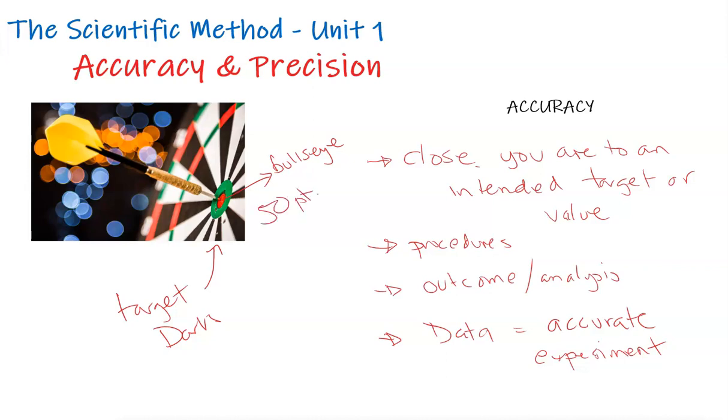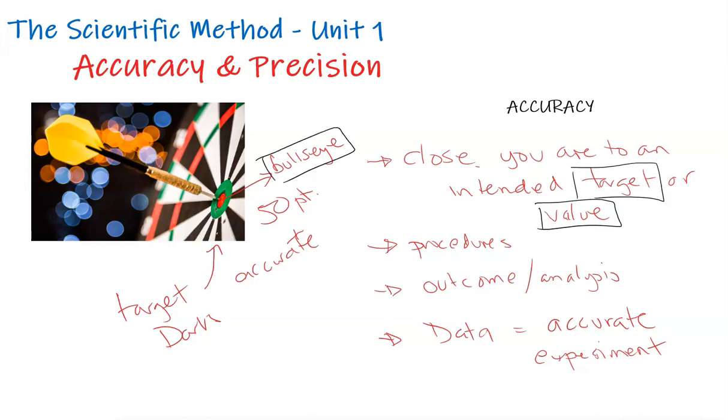Each different area has different point values associated with it. But right here, you would say that this person who threw the dart is accurate because they hit the exact middle of that target. The value that was intended, or the target that was the objective of the throw, was hit correctly, as shown by hitting the bullseye.